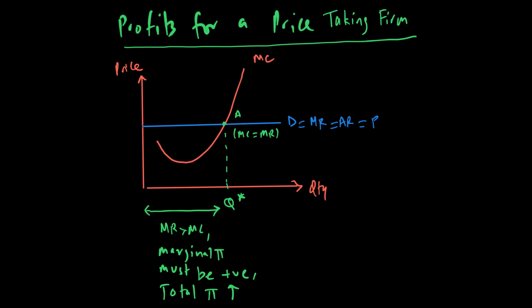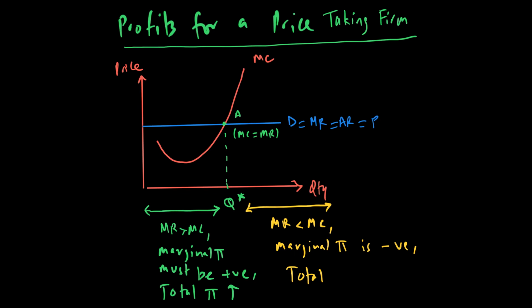But what happens beyond Q star? Beyond Q star, the marginal cost now is more than marginal revenue. In other words, marginal revenue is less than marginal cost, and the marginal profit is negative. And if marginal profit is negative and I keep on producing more, then the total profit will be falling.